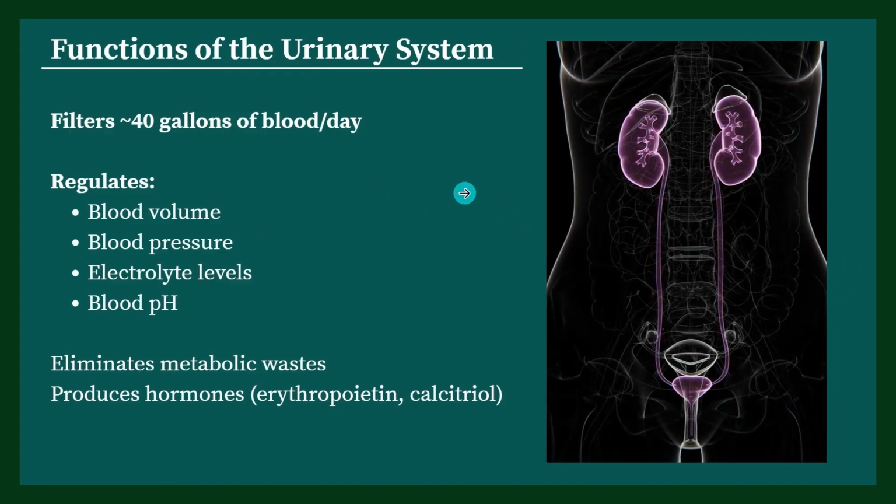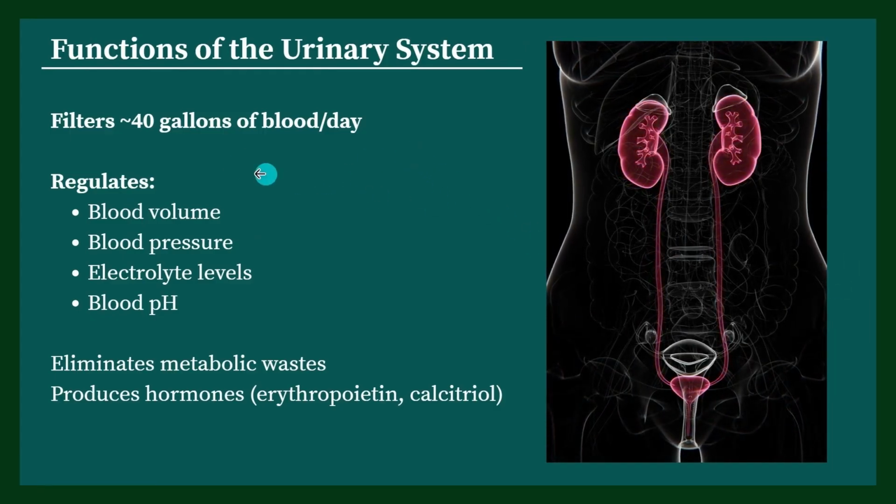Functions of the urinary system, basically, it filters the blood of anything that we don't want in it, mostly nitrogen-based waste products, and also medications and toxins. It filters all of that out. And then also the function of the urinary system is that it regulates blood volume, blood pressure, electrolyte levels, and the pH of blood. And the electrolyte levels and blood pH go together, and then blood volume and blood pressure go together.